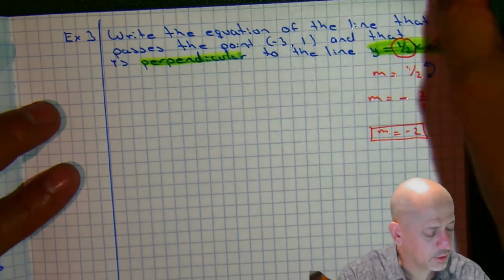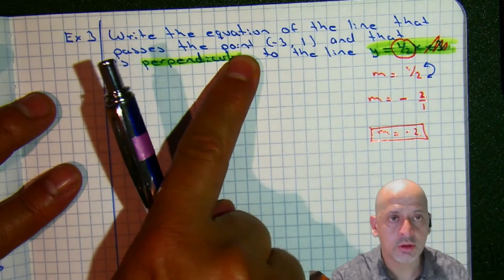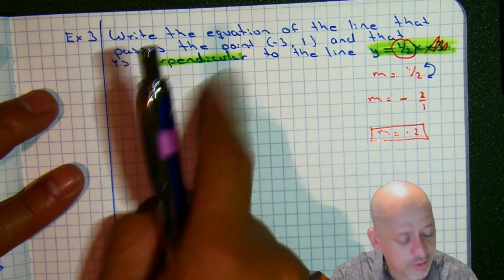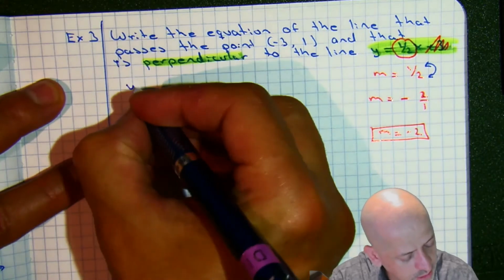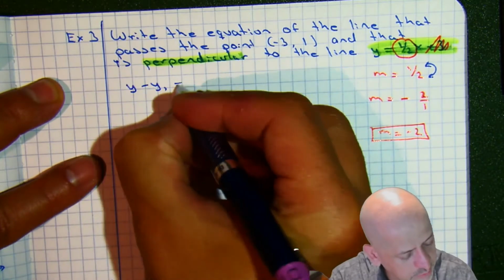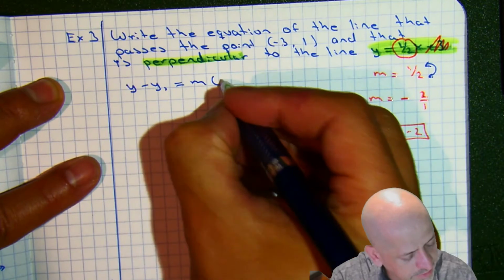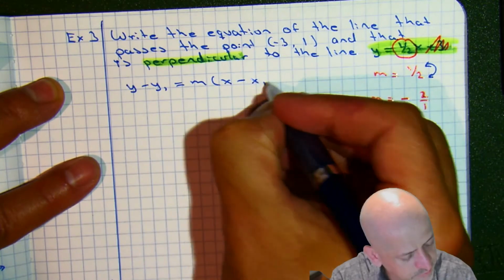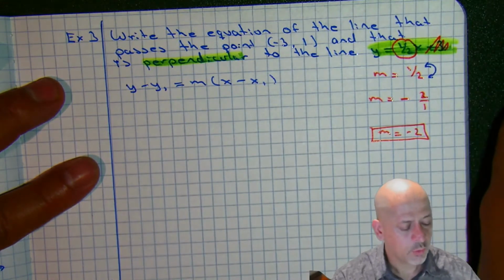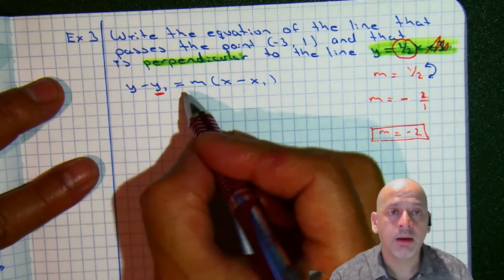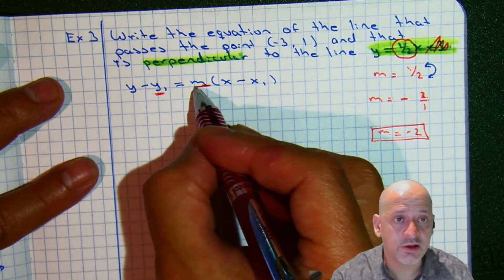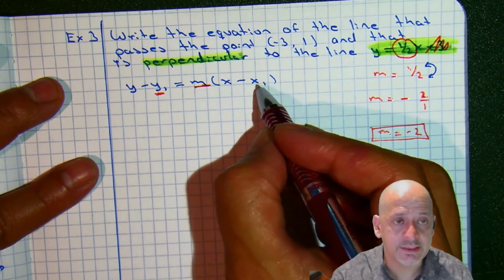So let's go and write down the equation. They're giving us a point. If they're giving us a point, we have to use y minus y1 equals m times x minus x1. I'm applying the y1, the slope that we just found, and the x1 as well.